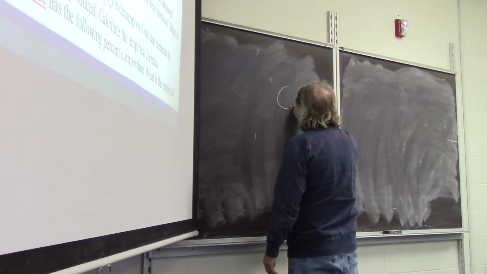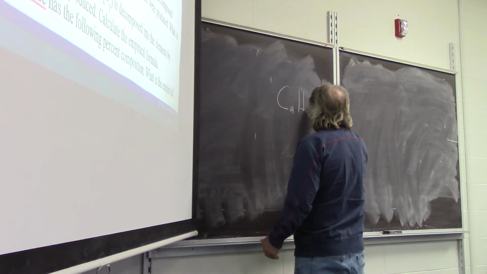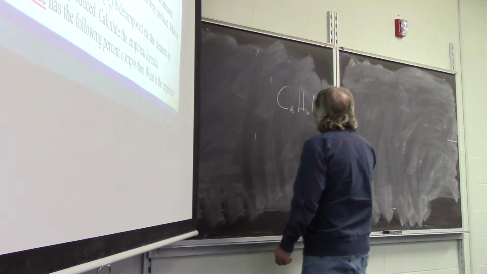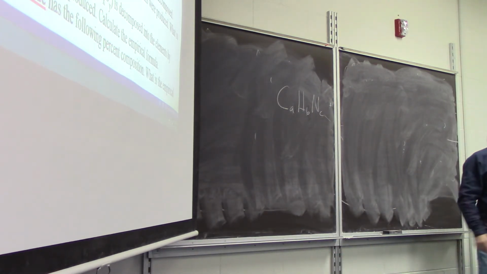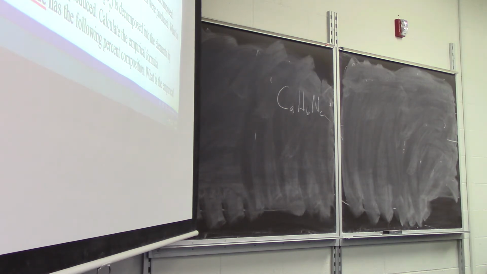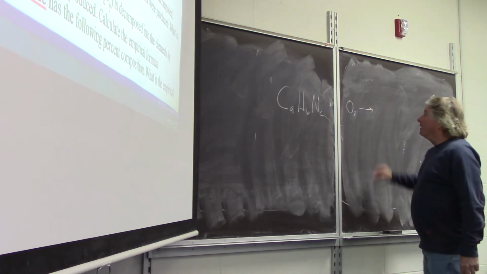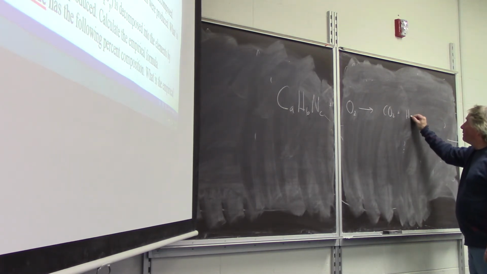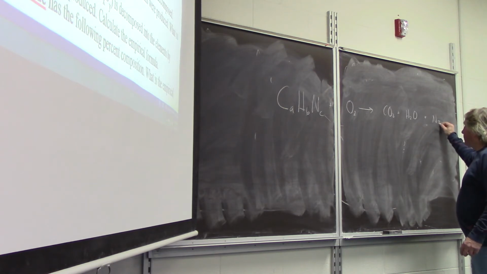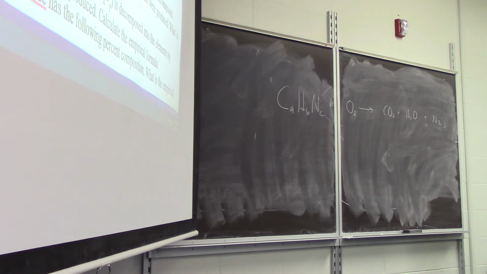So I have aniline. I don't know its subscripts, so A, B, and C are unknowns. And what I'm going to do is add oxygen, and I'm going to end up getting carbon dioxide, water, and N2.